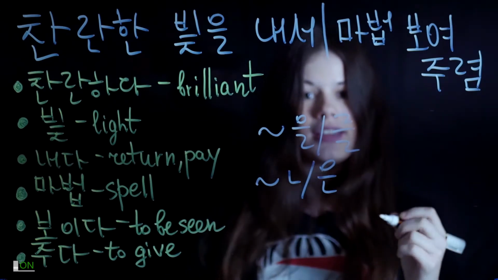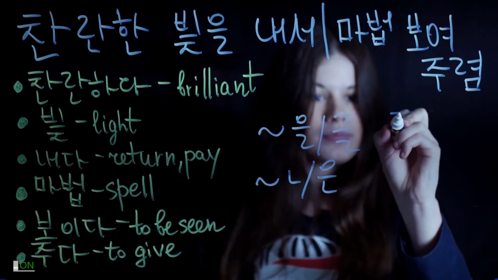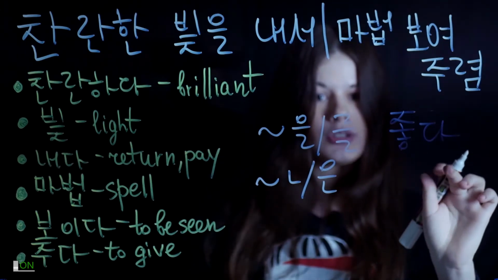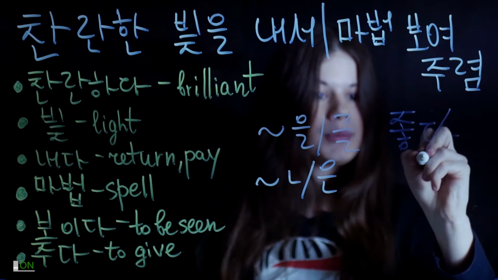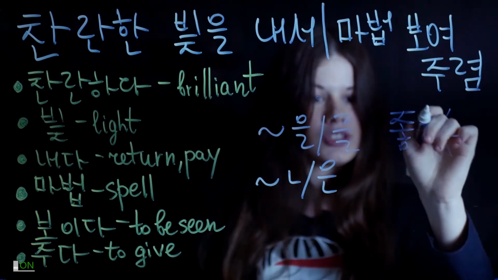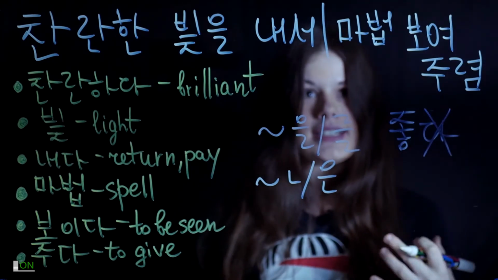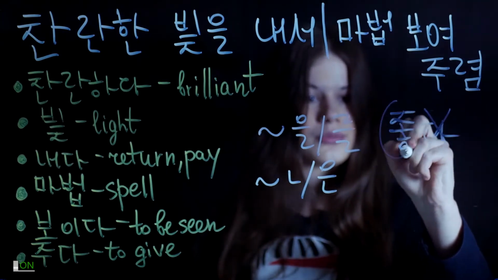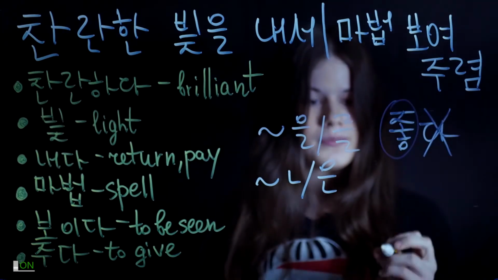So for example, let's take the word 좋다. 좋다 means to be good. What we do is eliminate the 다 ending, because 좋다 is actually an infinitive, right? So we only leave the stem.